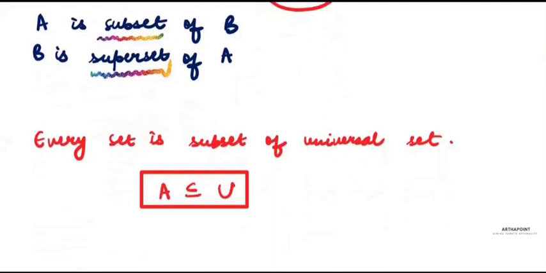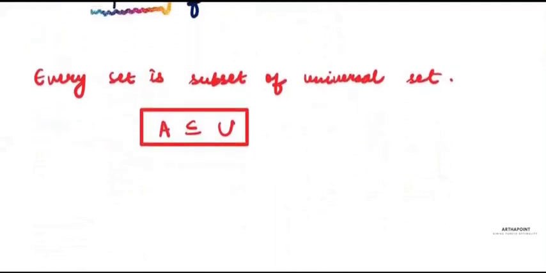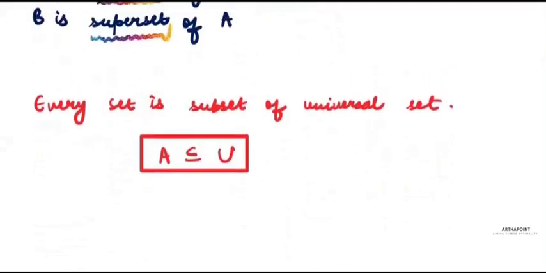Now, one thing that I want to also highlight here is something related to the universal set. The universal set is a bigger set, right? The universal set has everything in it. So if the universal set has everything in it, then every set will be a subset of the universal set, because universal is literally everything together.